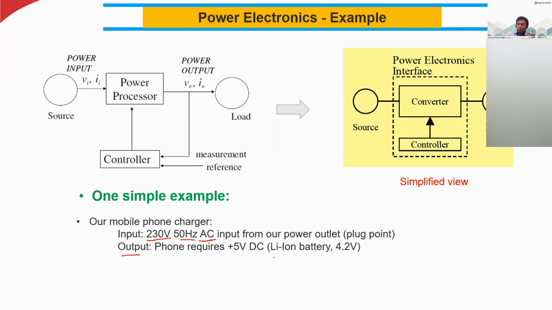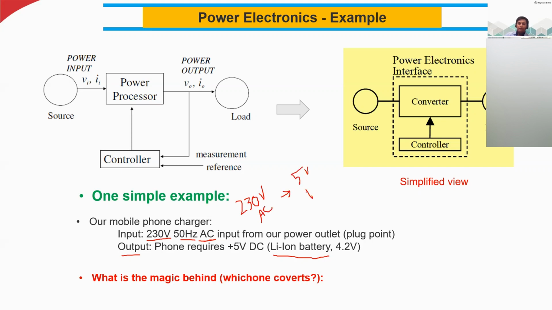Inside the mobile phone, for example, we have a lithium ion battery. It has a capacity of 4.2 volt. So this is just a simple example where we are using power electronics. Of course, what is the magic behind it? Which one is converting this 230 volt AC into 5 volt DC? There is no magic actually. That is the power electronics.